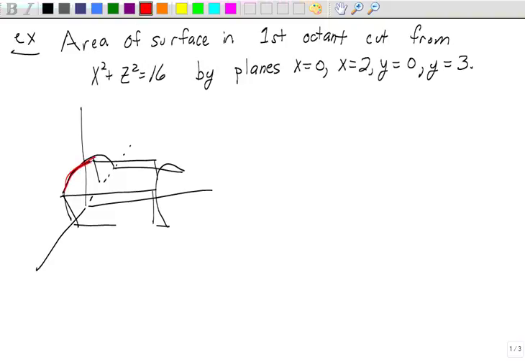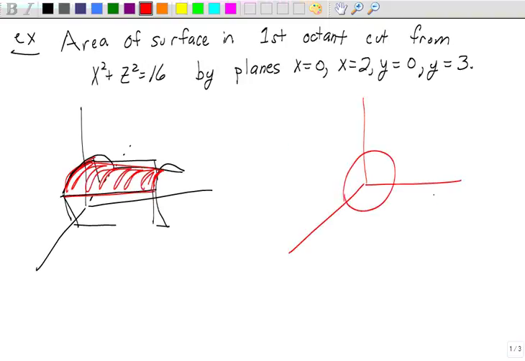Okay, so we have that right there. Because x squared plus z squared equals 16 is a cylinder, if I draw that correctly, going that way in all directions.